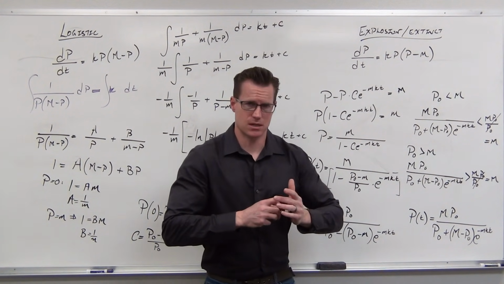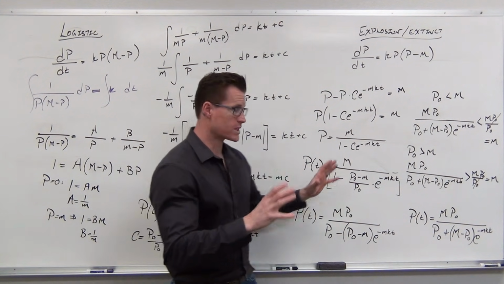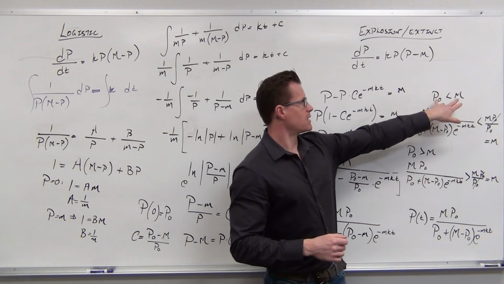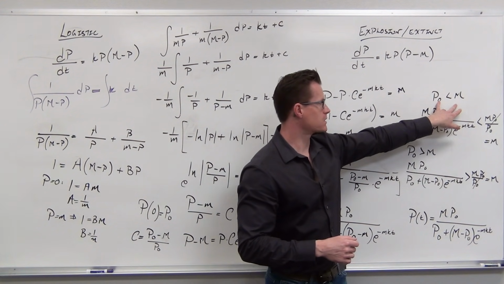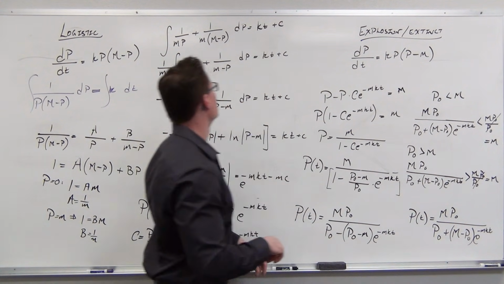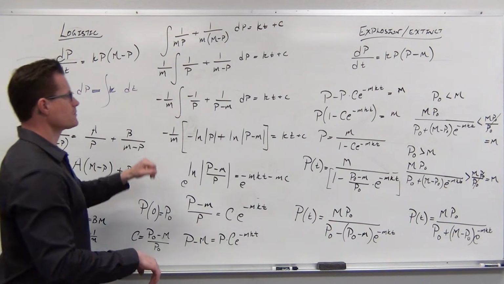So what's happening here? I know there's a lot of stuff. I hope I haven't confused you. But what's happening here is we know two things. If this was the case, our population was going to be increasing. We saw that from right here. I'll put everything together for you right now.